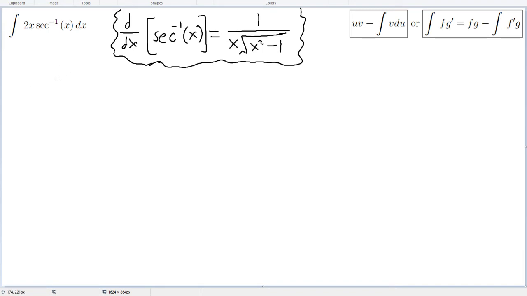Mainly, you'll only get these kinds of integrals where it's either a polynomial with some other functions or a polynomial with an inverse function. ln of x is technically considered an inverse function because it's the inverse of e to the x.